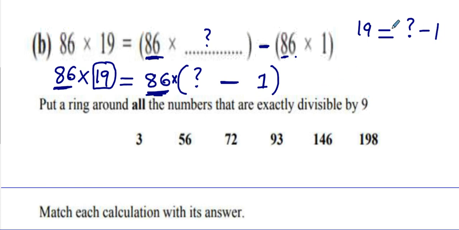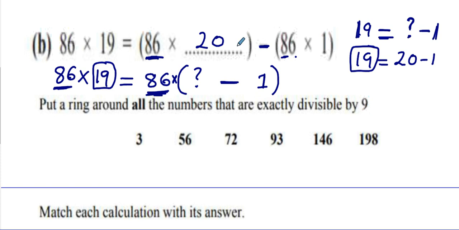Can you figure that out? So that number is 20, because 20 minus 1 gives you 19. So the missing number over here is 20.